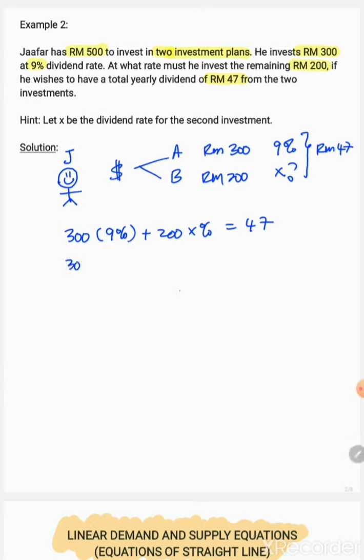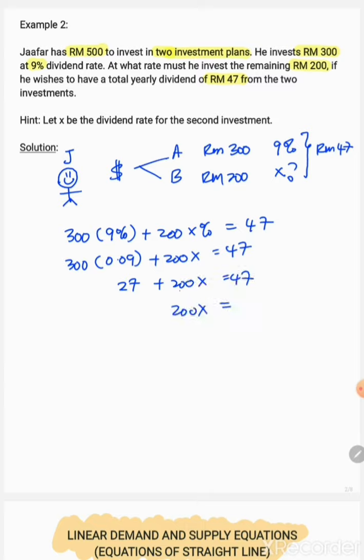So when you press your calculator, for 9%, you'll get 0.09 plus 200x equal to 47. So 300 multiplied by 0.09, you get 27 plus 200x equal to 47.